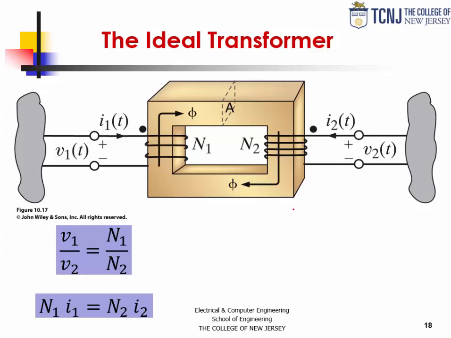Also remember that to keep the conservation of energy, since we have the number of turns fixed, if the voltage goes in one direction from primary to secondary, then the current must go in the opposite direction from primary to secondary.